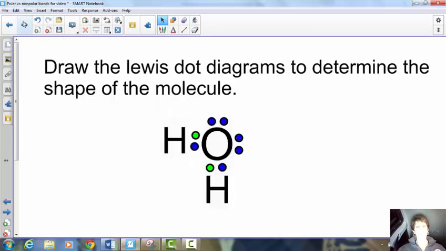Here's another hint. If you go through and draw the Lewis dot diagram, it'll help you see the shape of the molecule. So, for example, water. Some people like to make water not bent, and water is a bent molecule. What I mean by bent is one hydrogen is beneath it and one is to the side of it. If you tried putting it over on this right side instead, that's not how you draw a correct Lewis dot diagram.